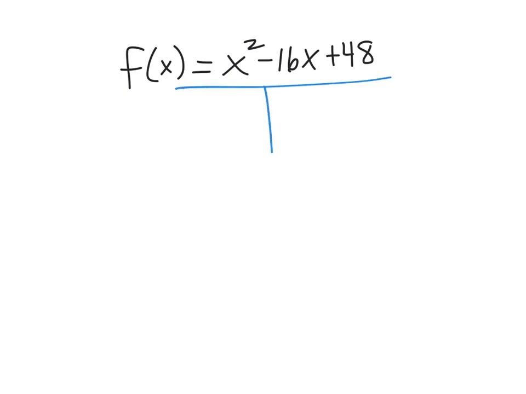So I make my 3 columns. And the first one I have x times x. On the last one, to get 48, I have a lot of possibilities. Okay, we have, let's see, 24 times 2. I have 48 times 1.